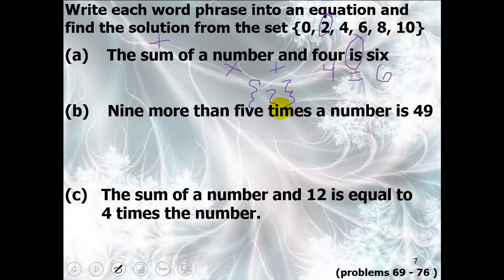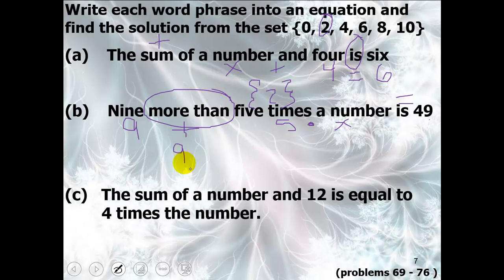B is 9 more than 5 times a number is 49. There's a number, so there's x, and then 5 times, and then 9 more than. That means this isn't an inequality. When you see "more than," that's plus.